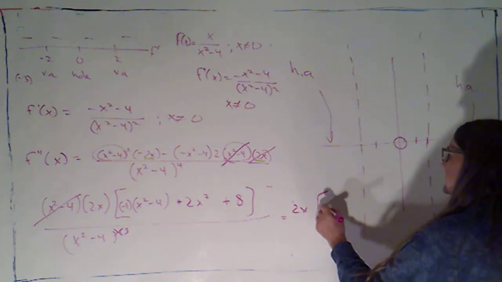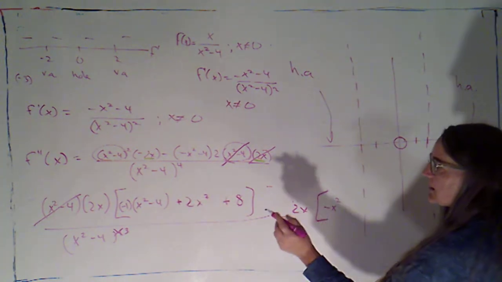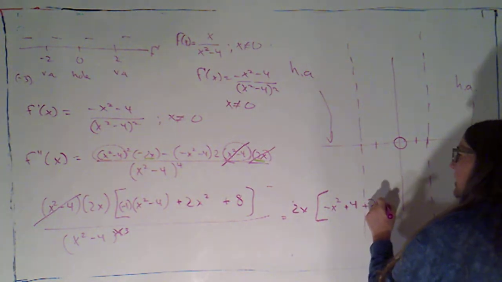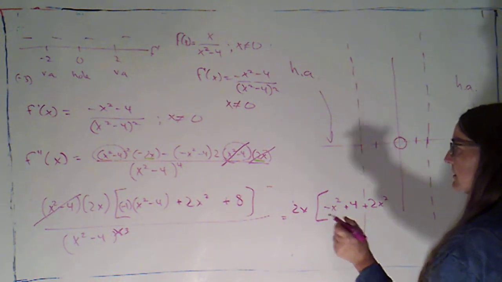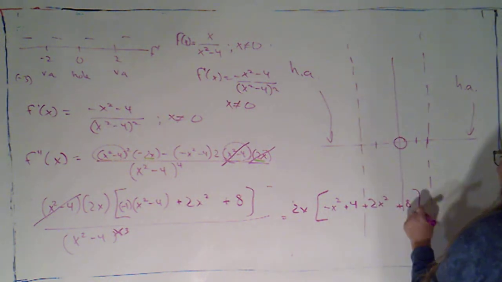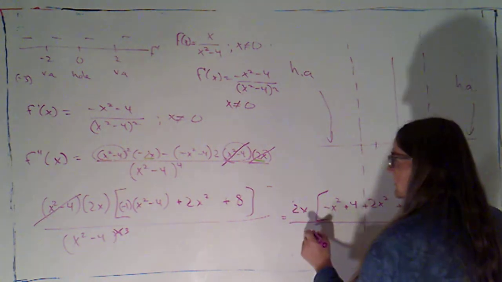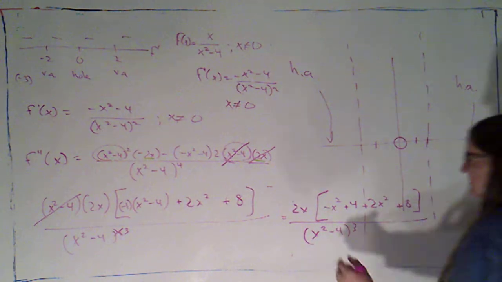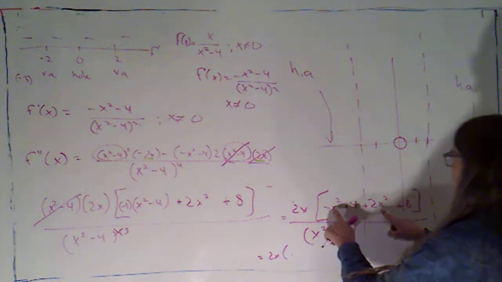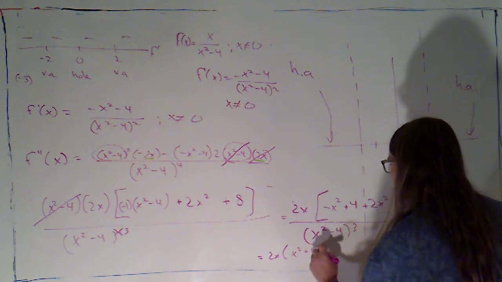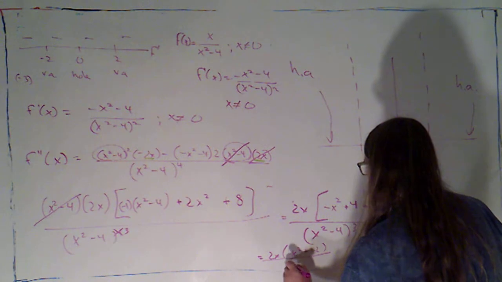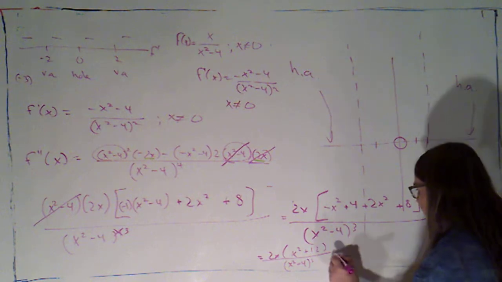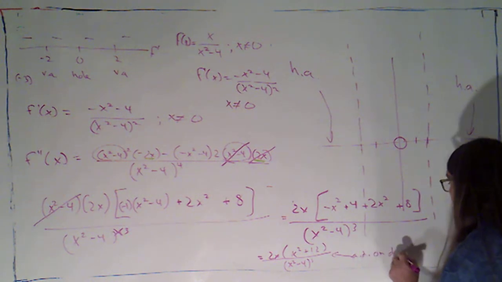So that's going to become negative x squared plus 4 plus 2x squared plus 8 all over x squared minus 4 cubed. So that is 2x times, this is going to become x squared plus 12 all over x squared minus 4 cubed. That is always defined on the domain.